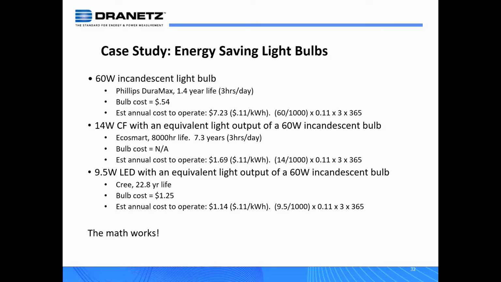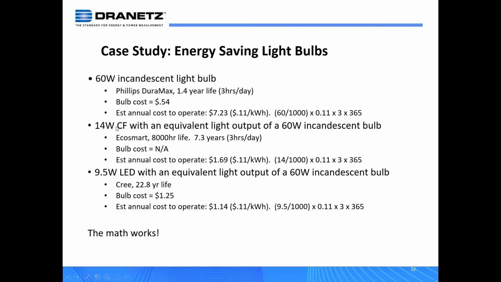So you can see this simple, old style light bulb has an estimated annual usage of $7.23, based upon 11 cents per kilowatt hour, 3 hours a day times 365 days. So you can see where the cost savings are.